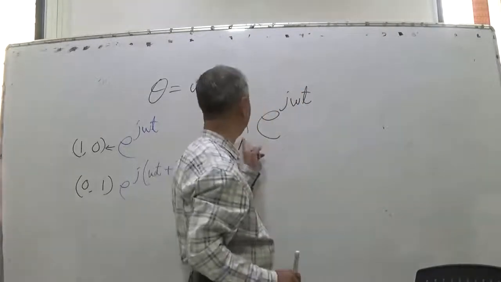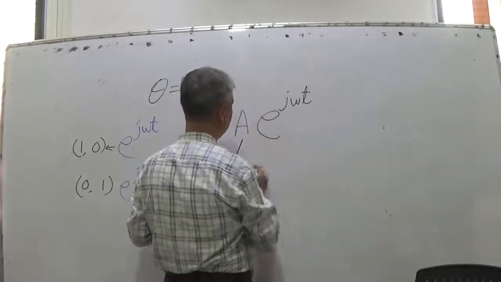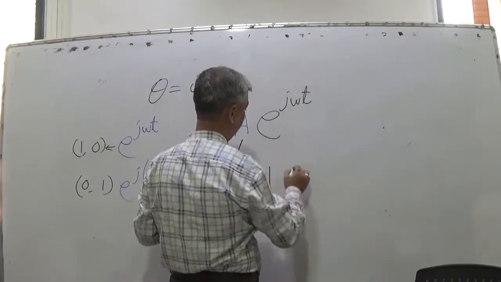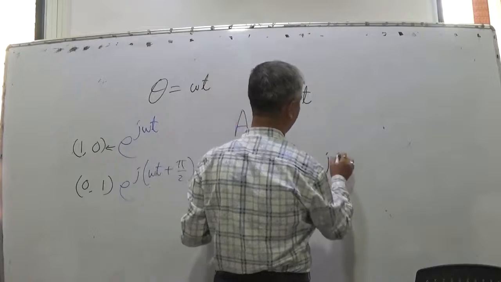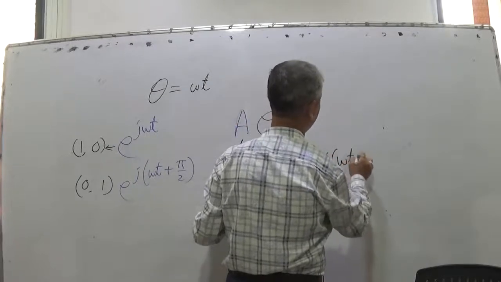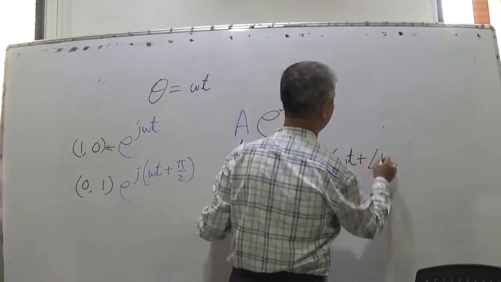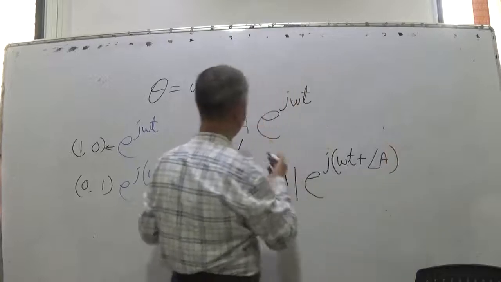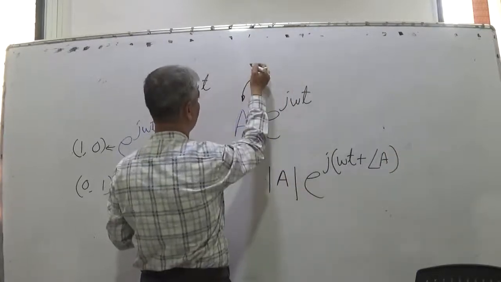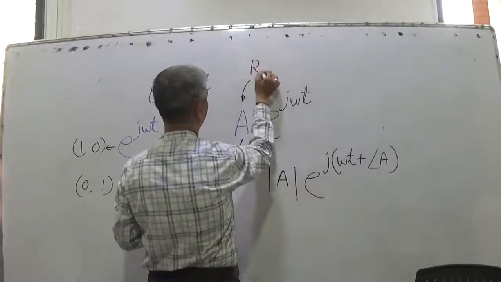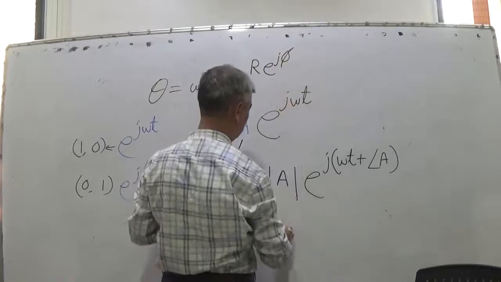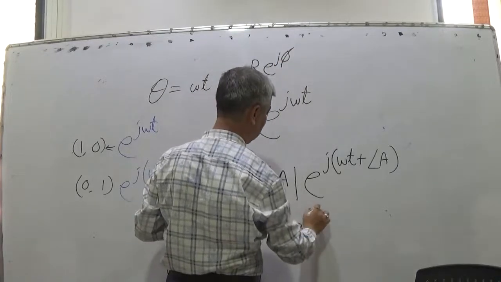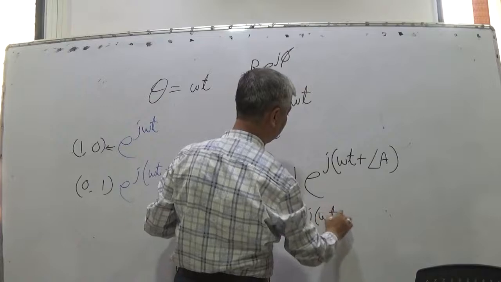So A e raised to j omega t is a e raised to j omega t plus angle A, right? Because this A you can represent as, say, capital R e raised to j phi also. So this would be R e raised to j omega t plus phi.